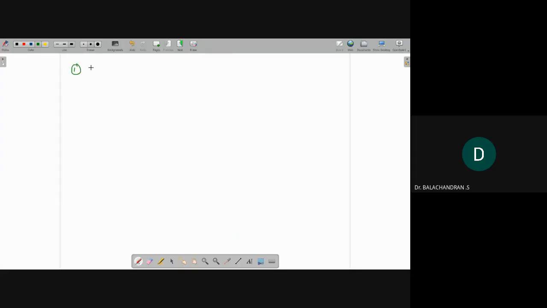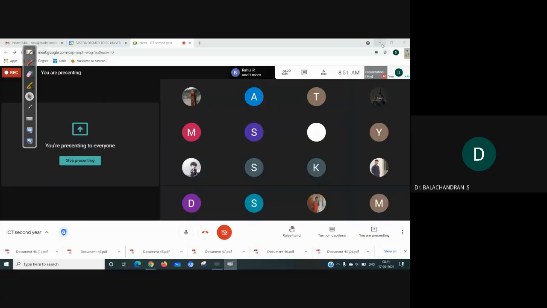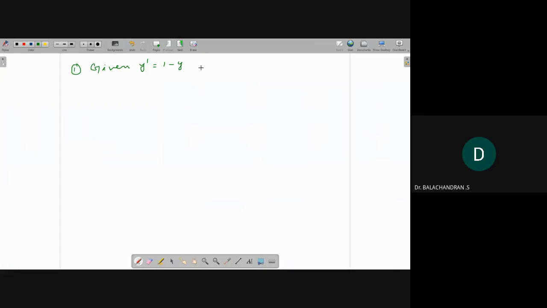Given y dash is equal to 1 minus y and y of 0 equal to 0.